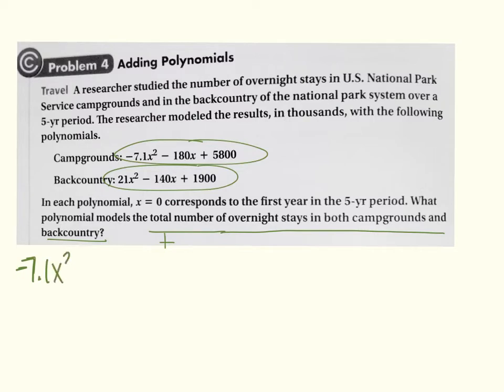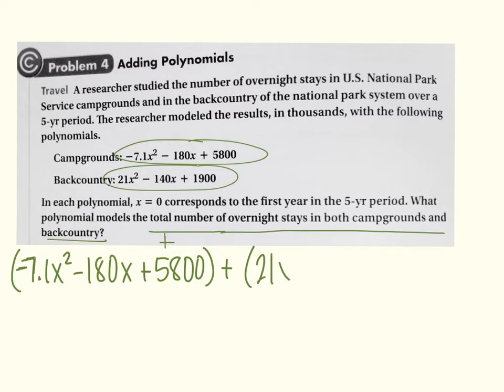0.1x squared minus 180x plus 5800, and you add the other one, and all I'm doing right now is rewriting the polynomial, with a plus sign between them because I'm adding them together.